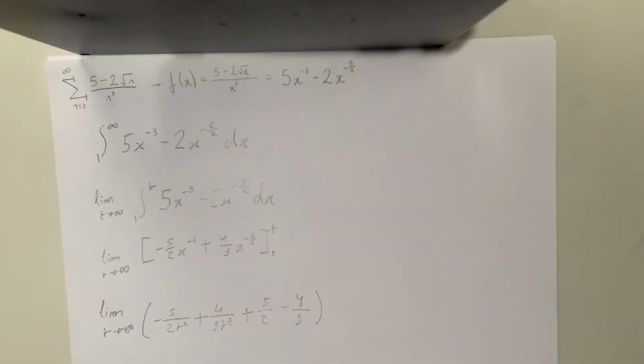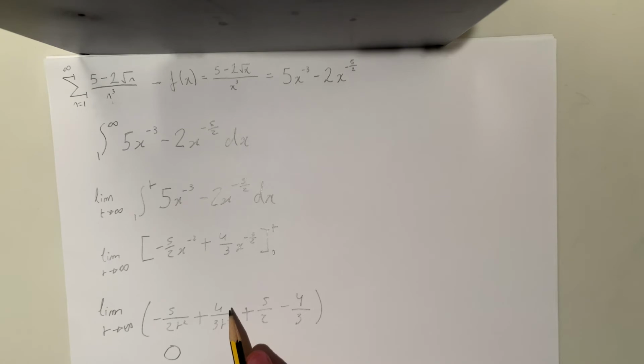Now, let's plug in the limit of t going to infinity. So when t goes to infinity, minus 5 over 2t squared goes to 0. Why? Because the denominator is approaching infinity. So anything divided by infinity is essentially 0. So this can be 0.